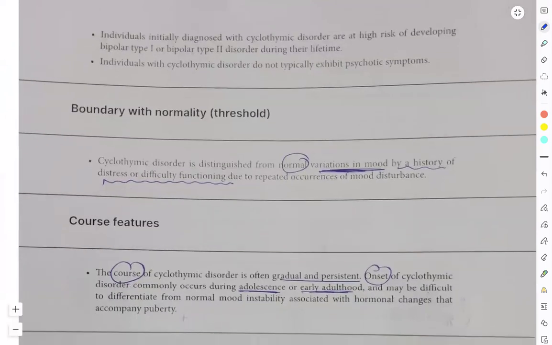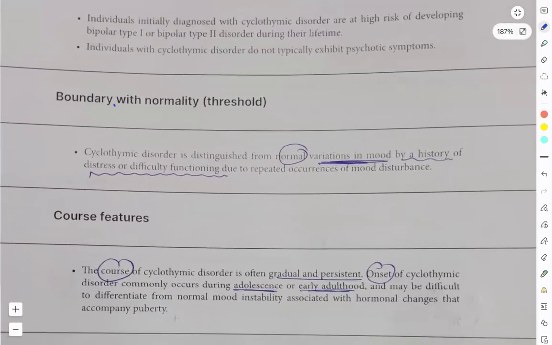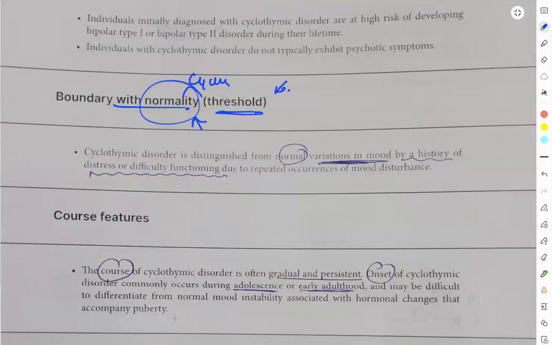Now, how do you differentiate cyclothymia from normality? What is the threshold at which you say this is cyclothymia and this is a normal individual?